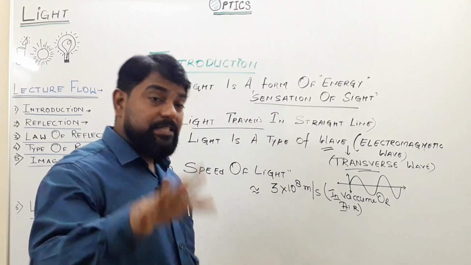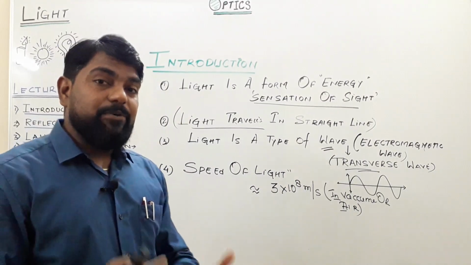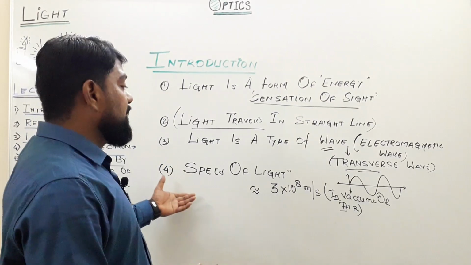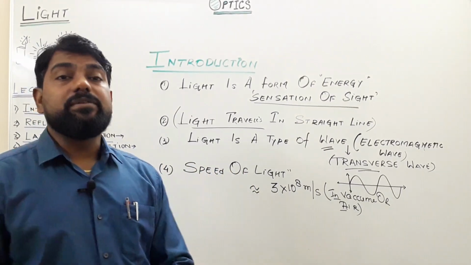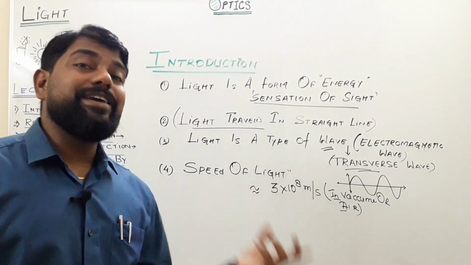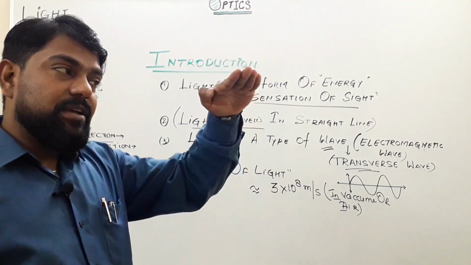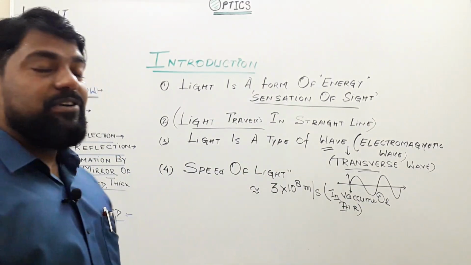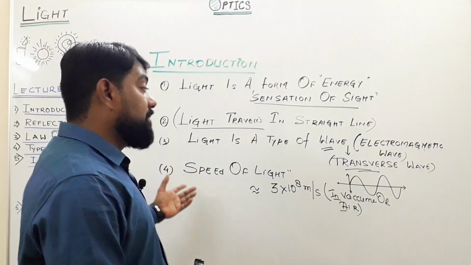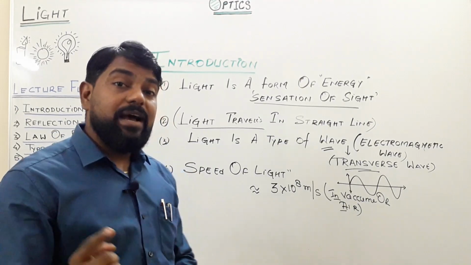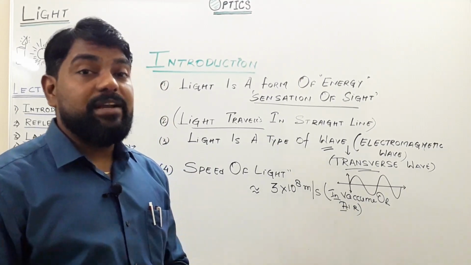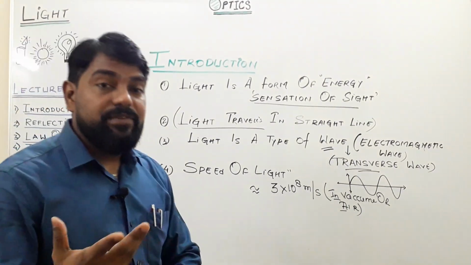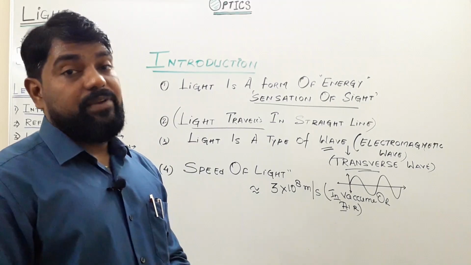And the speed of light keeps on changing when the medium gets changed. It means when the light will travel from air to water, air to glass, or air to any other medium, its speed will decrease. And because of the change in speed of light when it passes from one medium to another medium, we have one more phenomenon related to light that we will also discuss in this chapter, that we say is refraction of light.